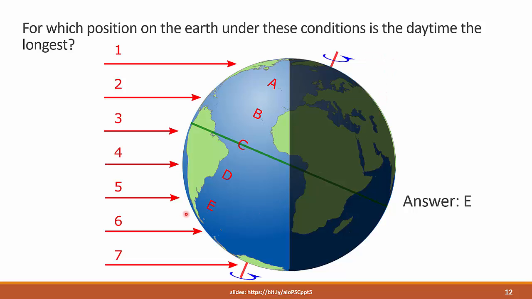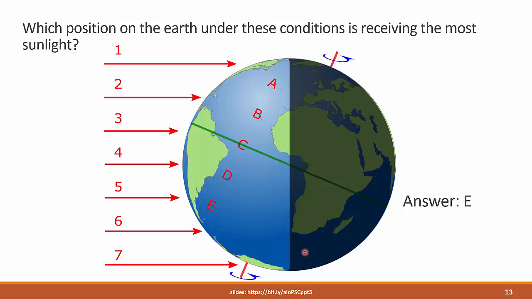It's going to be at E. Draw the parallel to the green line here, and you see quite a long day and a short night. Which position on the Earth is receiving the most sunlight? Of course, it is E again because it has a longer day.